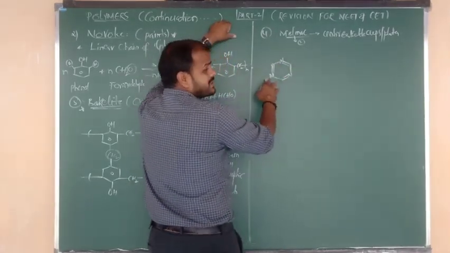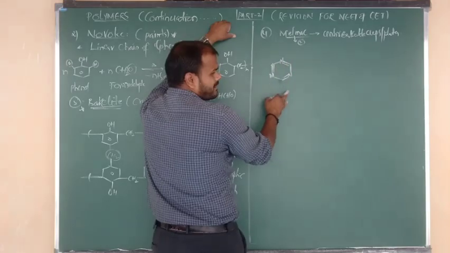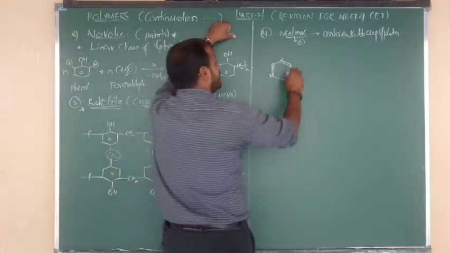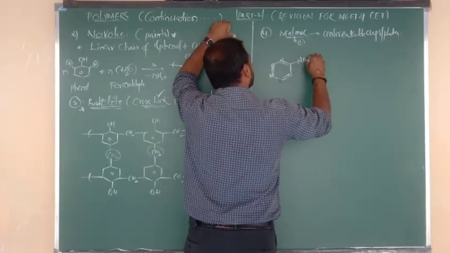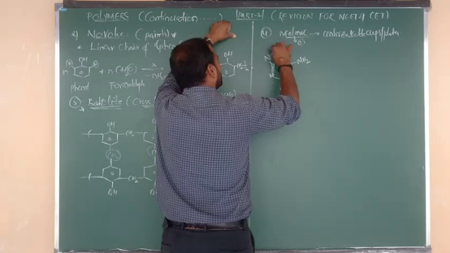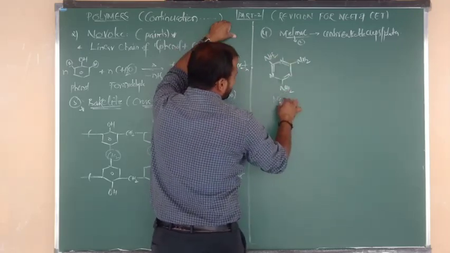Now, alternate carbons are occupied by nitrogen, looking like benzene with 3 carbons, but the remaining 3 carbons are occupied by nitrogen. Such carbon positions are connected to 3 amine groups. So this is the structure of what, beta? Melamine.